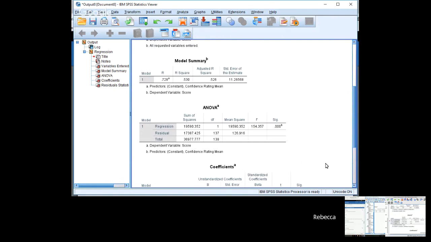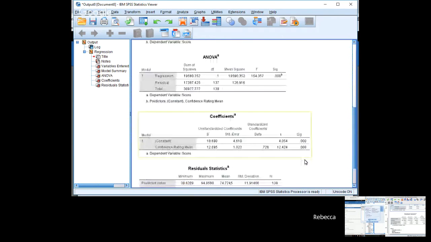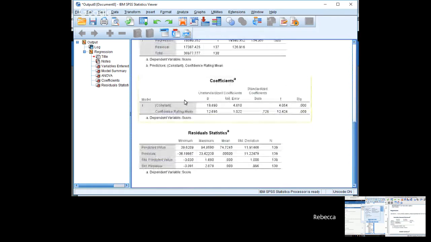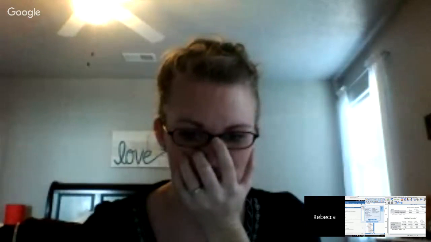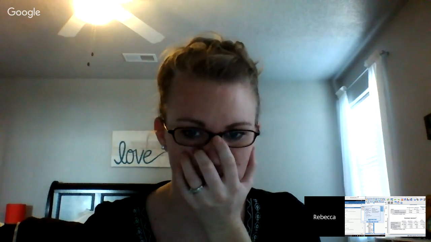Yeah, I don't have anything with a 95% confidence interval. Under regression coefficients, you've got to click confidence intervals. So regression, then linear, then confidence intervals 95%. Yep, that's why I clicked everything. Oh, there we go.